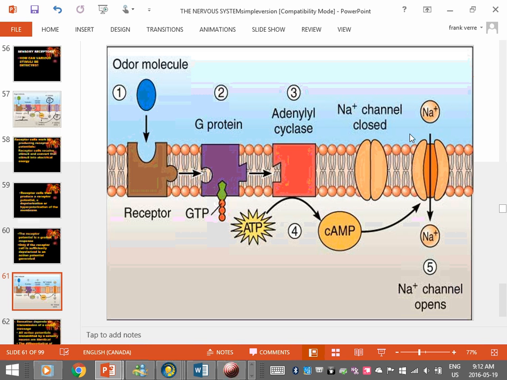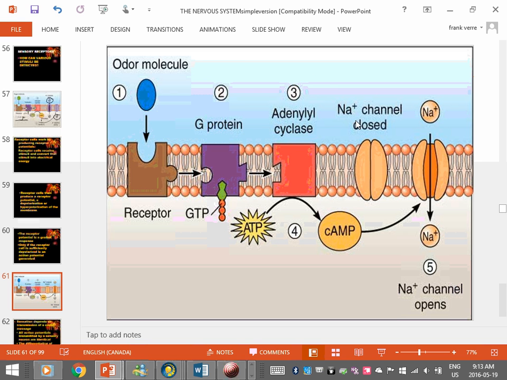Now, again, this is not a voltage-controlled sodium channel. This is a different type of sodium channel. What happens in this case? The sodium channel what? Opens. But look, remember, in a neuron, most of the sodium is mostly on the what? On the outside.